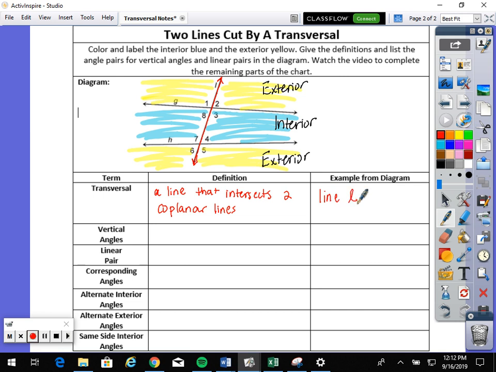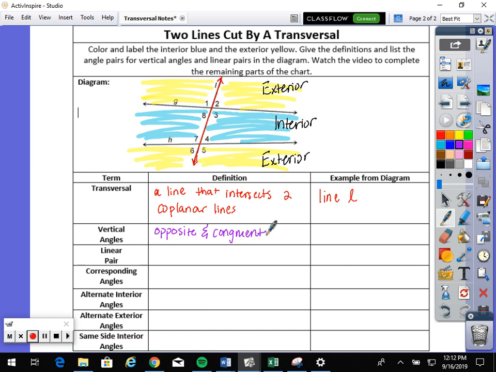Then we talked about vertical angles. Vertical angles, I'm going to change my color here to purple. Vertical angles are opposite and congruent. So that's what I'm going to put here. Opposite and congruent. So we can list our examples over here on the right.